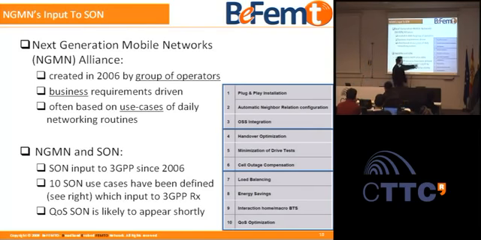And if you look at the use cases which NGMN has been developing for the self-organizing networking paradigms, you can essentially distinguish three blocks. The first block is the one related to the installation. This is all about the installation process, making sure that when you go there, you don't lose any time in getting your base station up and running.